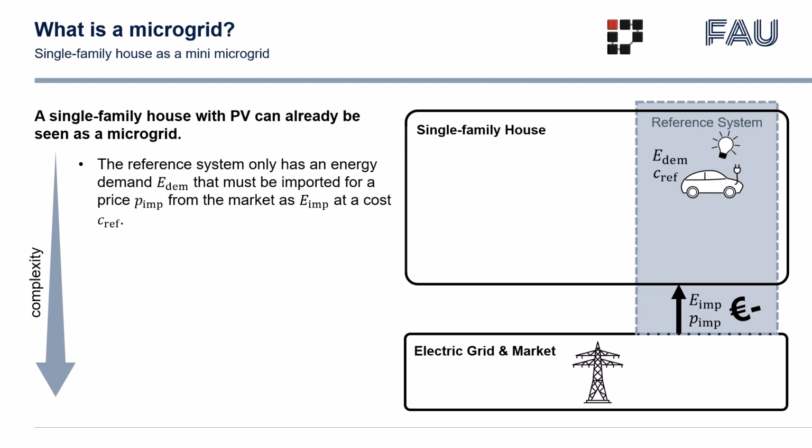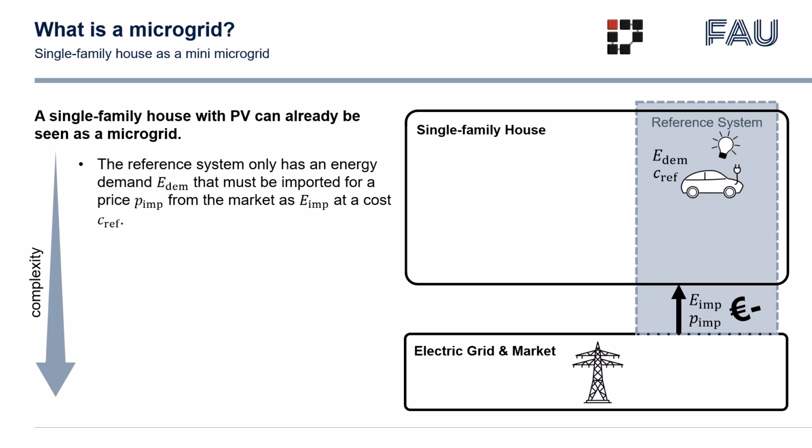You have to import all of the energy from the market for some import price, lowercase p_imp, and this will produce obviously some costs. So here costs are lowercase c and then ref for the reference costs. That's the base use case, basically.